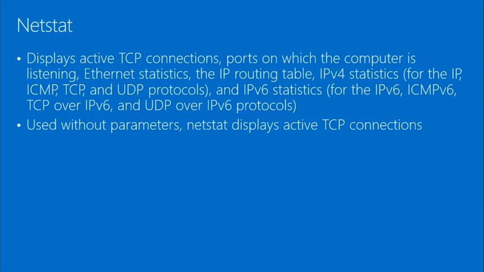So active TCP connections, this is connections to other systems, whatever those other systems may be. Maybe you're browsing the web, so www.microsoft.com. Maybe you have a telnet session going. Maybe you're doing a remote desktop session. These would all be remote. Oh, maybe you're using file and print services. Maybe you're using a printer. Those would all be active TCP connections.